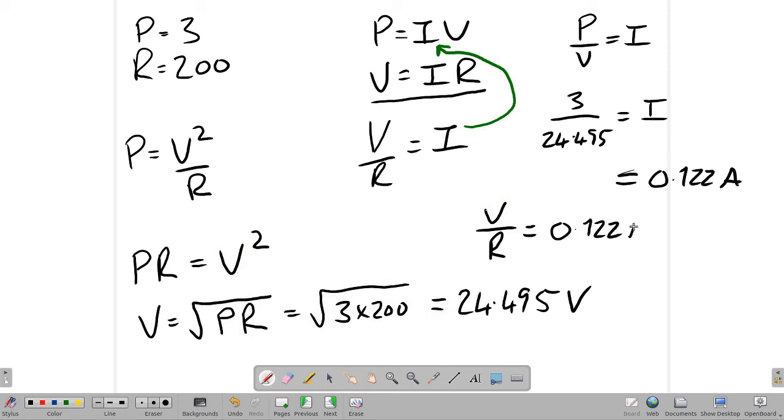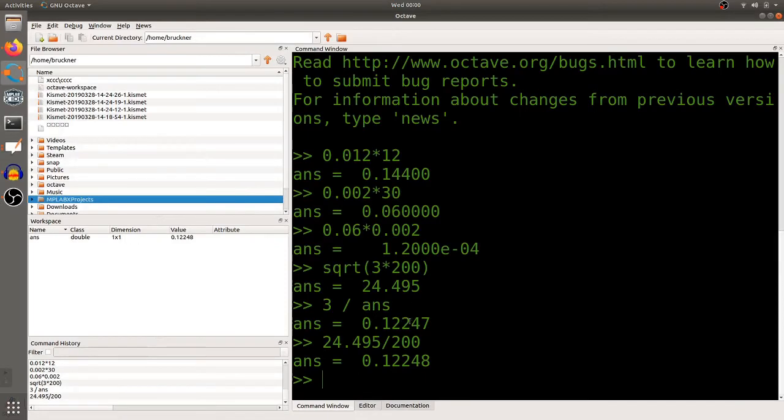So that also gives us 0.122 amps. Just quickly, that rounding error comes from the software itself, which holds this data to much higher decimal places than it actually displays on the screen. So there'll be more decimal places in this answer that it just doesn't show us.